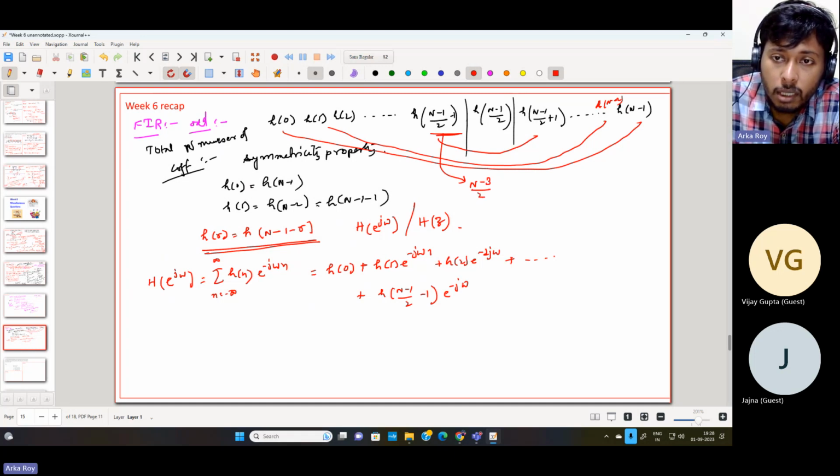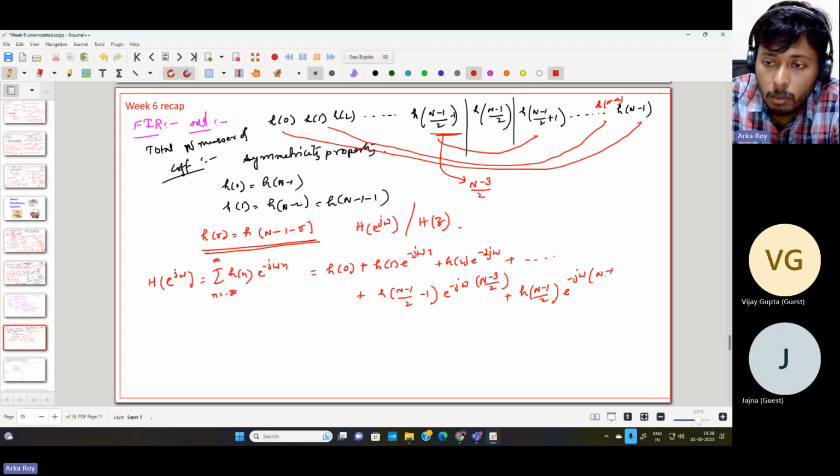So if you do the calculation over here, it will be e to the power minus j omega times n minus 3 divided by 2. Then h of n minus 1 by 2 e to the power minus j omega n minus 1 by 2. Then followed by that, n minus 1 by 2 plus 1, e to the power minus j omega n minus 1 by 2 plus 1.